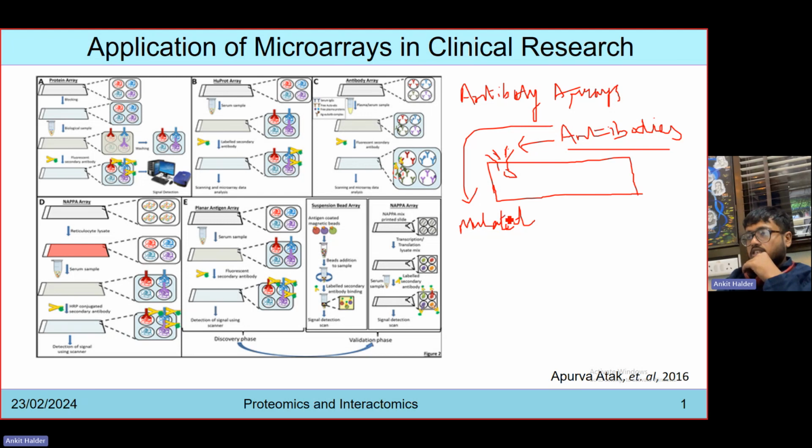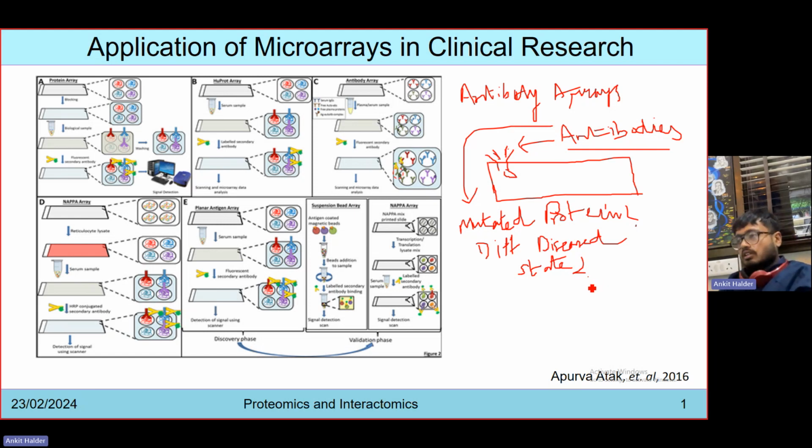So you will ask the question: are these antibodies of mutated protein, with different diseased states?